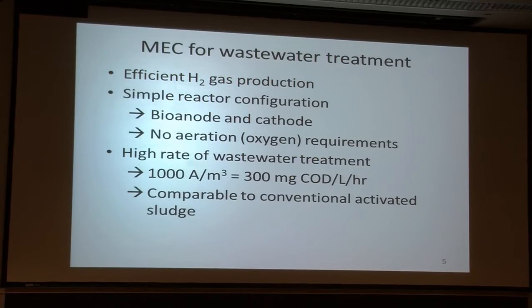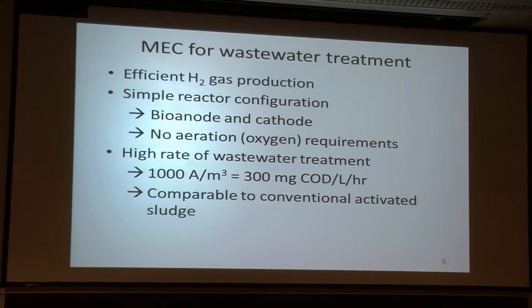So like I mentioned, with MEC we can achieve efficient hydrogen gas production. And MEC has a relatively simple reactor configuration, so we need only a bioanode and cathode. And we don't need any kind of aeration systems, so we can easily scale up MEC systems.